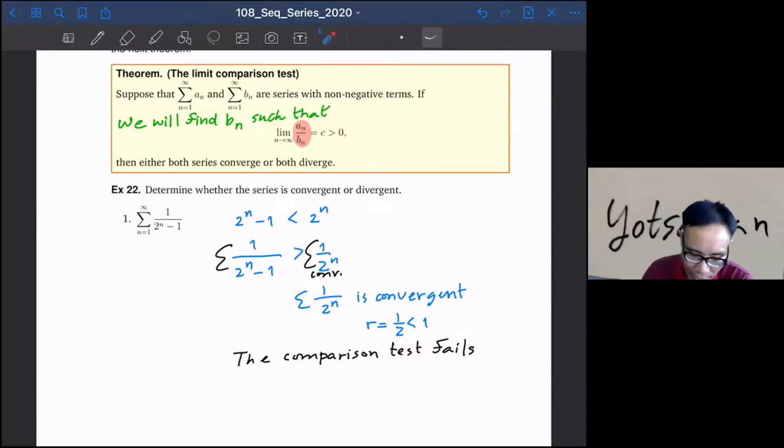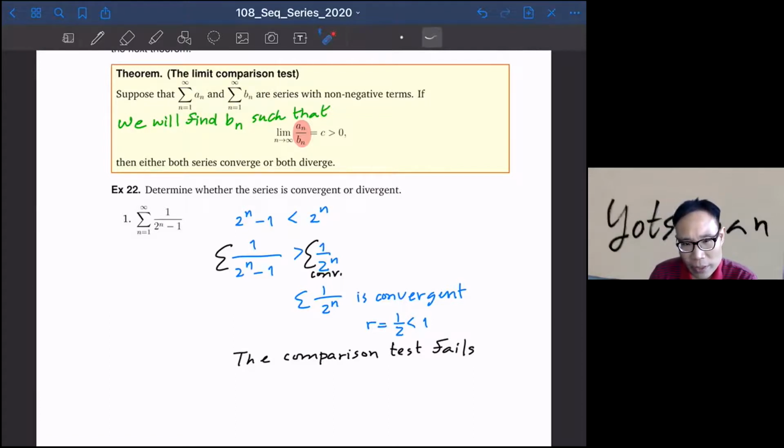If you would like to test an, you find Bn such that the limit of an over Bn is more than 0. If the series Bn converges, An will converge. If Bn diverges, An will diverge. That is going to be our conclusion.